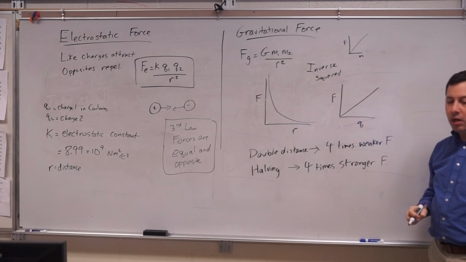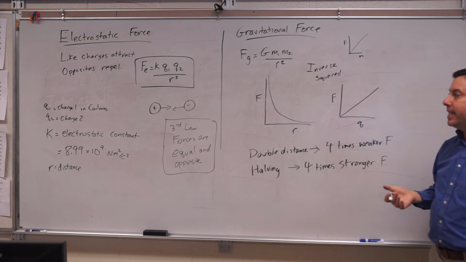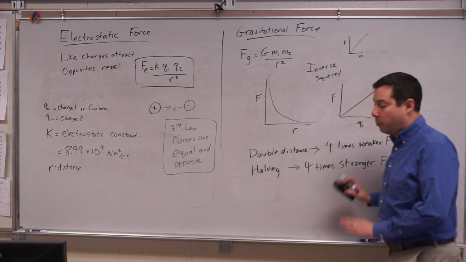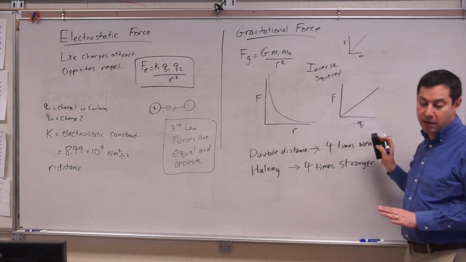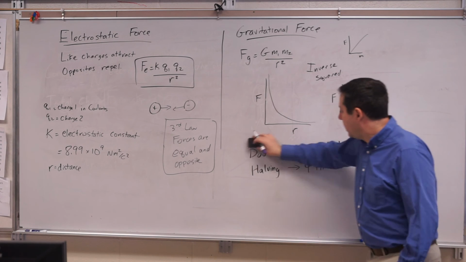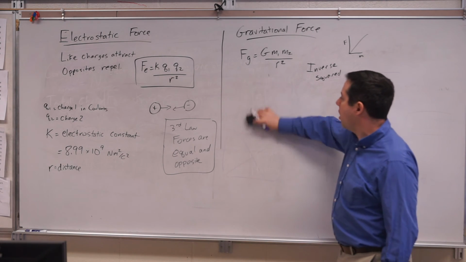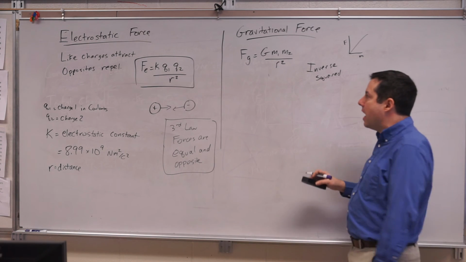Now there is one important difference in these. I'm about to erase this, so pause and write some stuff down if you need to. Gravitational force is always going to be attractive, as far as we know, and electrostatic force is not.